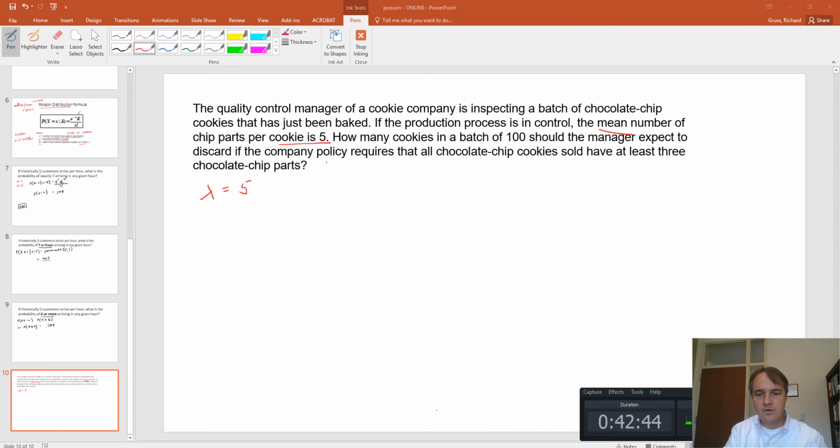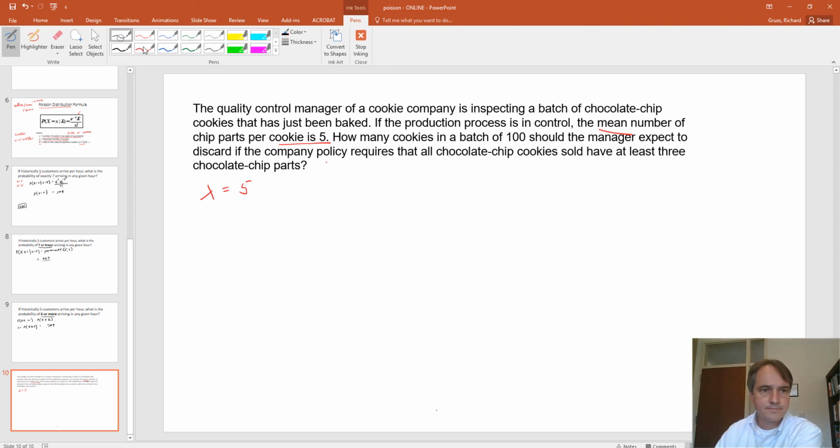Go ahead and pause the video and see if you can figure out how to solve it using what you've learned so far. We'll define our random variable x as the number of chocolate chips in any given cookie, subject to a certain amount of randomness because of the limitations of the machines dropping things.